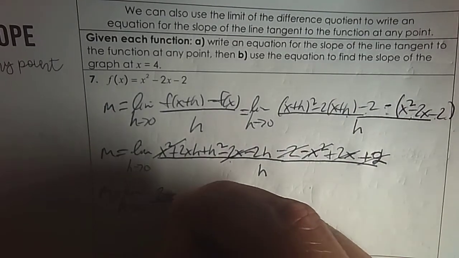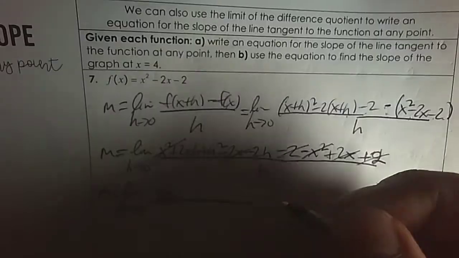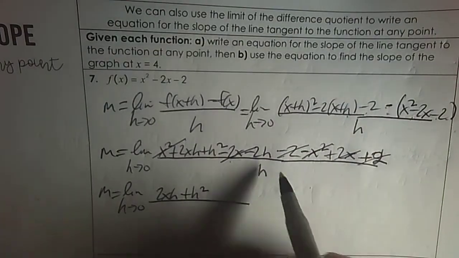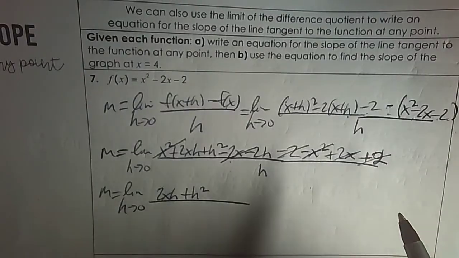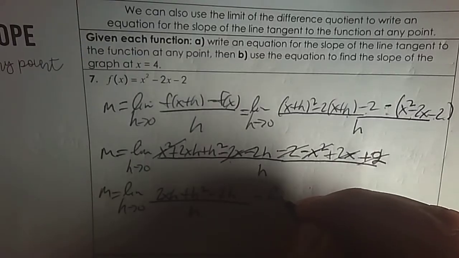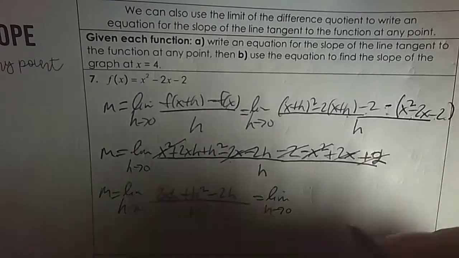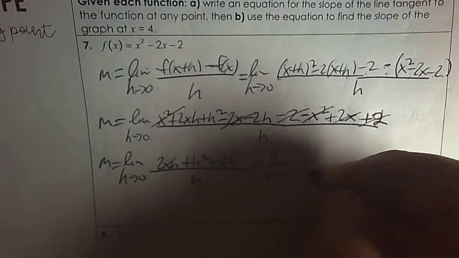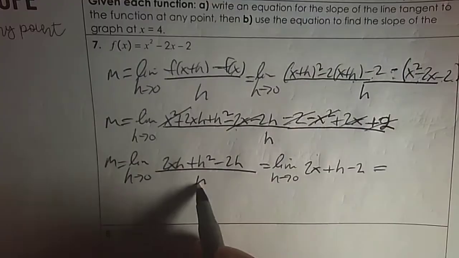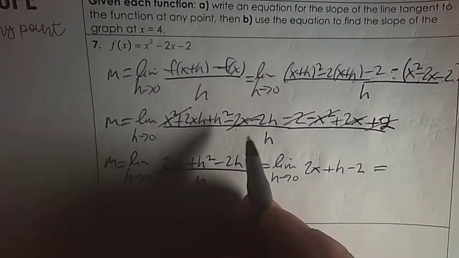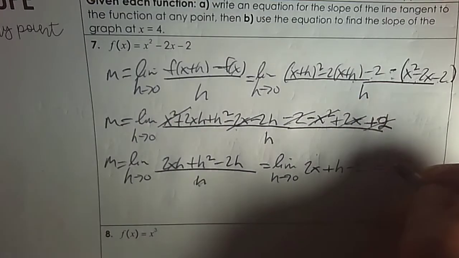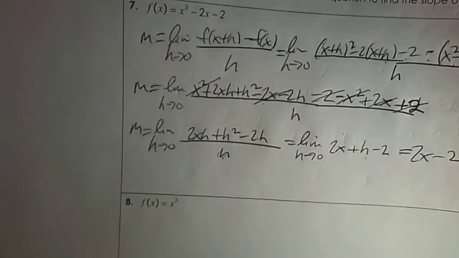We have 2xh, we have h squared, and we have a negative 2h. Now we're going to factor out an h out of everything. So if I divide an h out of everything, I have 2x plus h minus 2. So I take an h out of everything, divide it all out. Now I can plug in 0 for h, and I have 2x subtract 2.